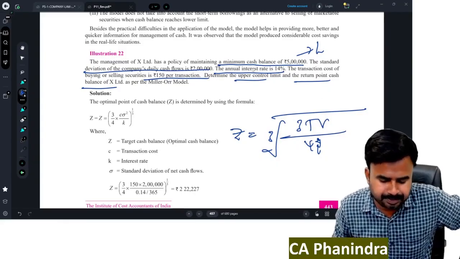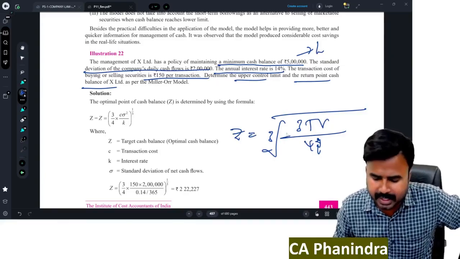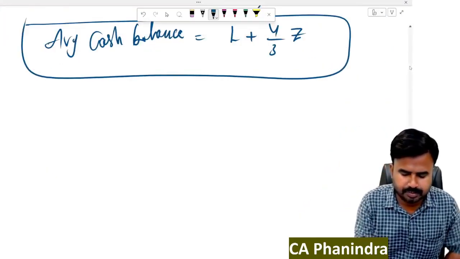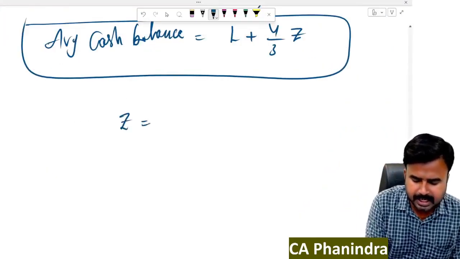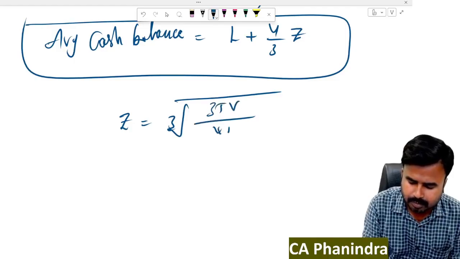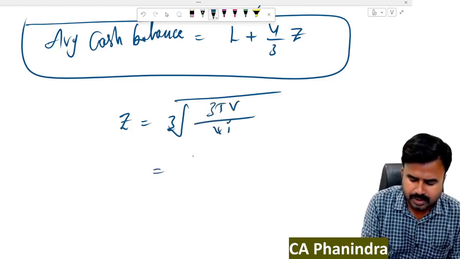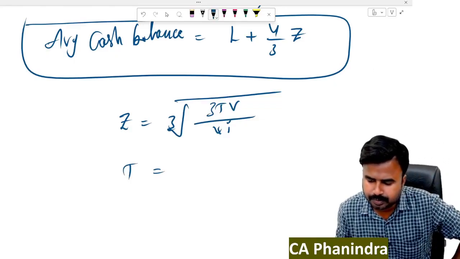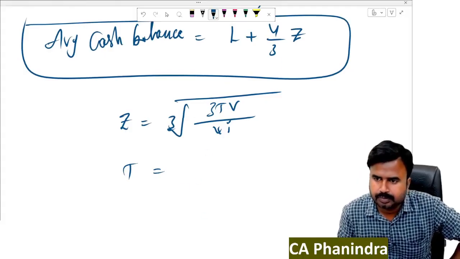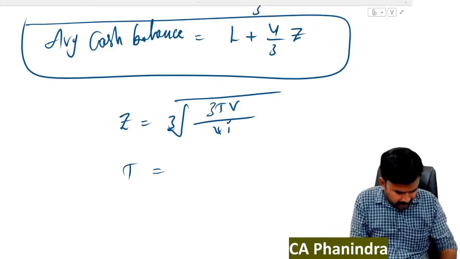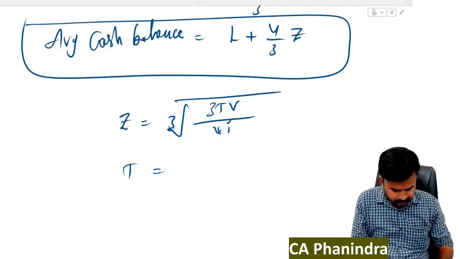My standard deviation of cash flows is 2 lakhs. Z is equal to the cube root of 3TV by 4I. First of all, T is the cost per transaction, which is simply 150 rupees.